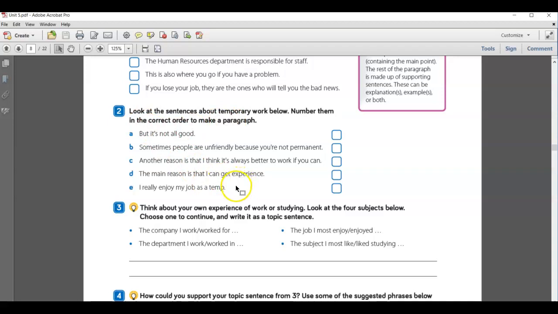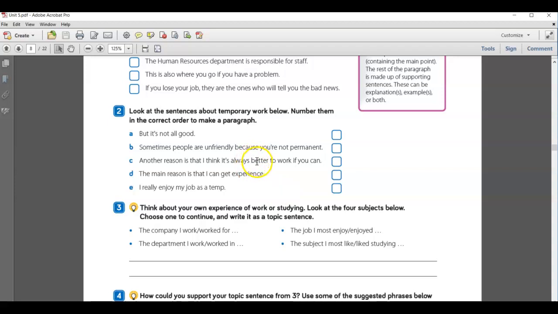Take 3 minutes to do this one. Remember, the first one is the topic sentence. Take 3 minutes. Okay, 3 minutes have passed now.